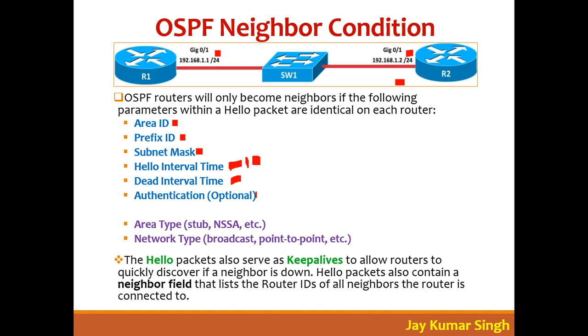If you have configured authentication, then authentication must also match. There are some other parameters that must match, such as area type, but this is not part of this book, so don't worry now.